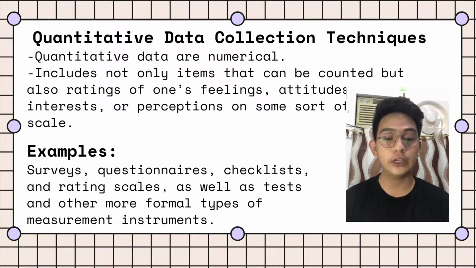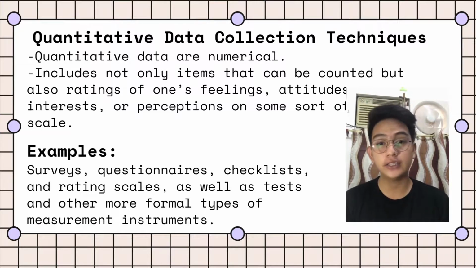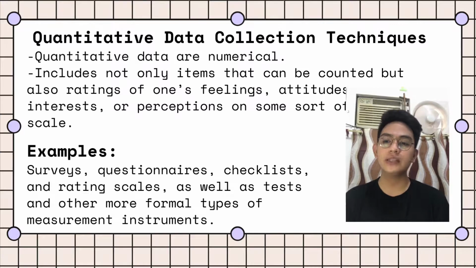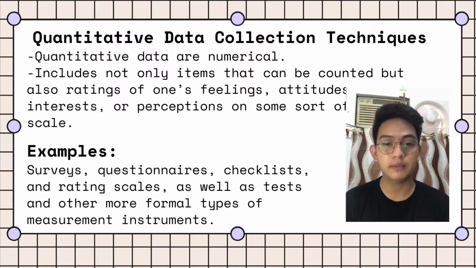Now let's talk about the quantitative data collection techniques. In contrast to qualitative data, quantitative data are numerical, meaning anything that can be counted, quantified, tallied, or even rated can be considered quantitative data. This includes not only items that can be counted, but also the ratings of one's feelings, attitudes, interests, or even perception on some sort of numerical scale.